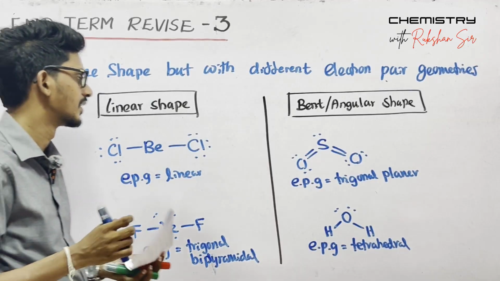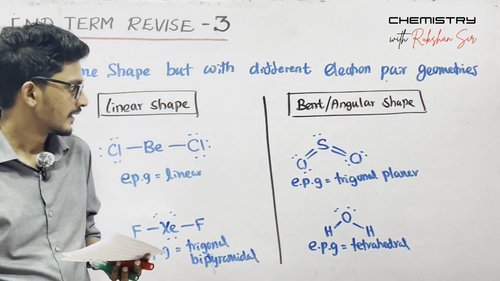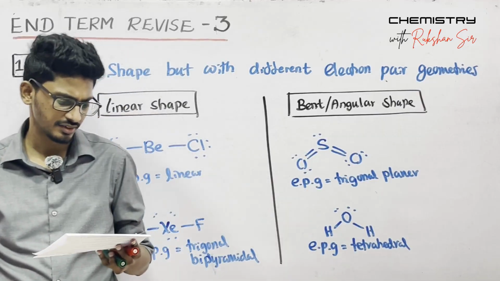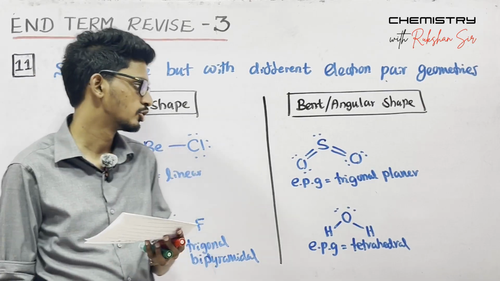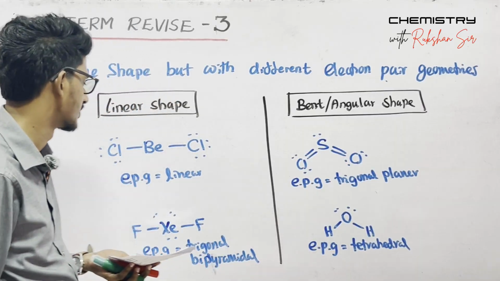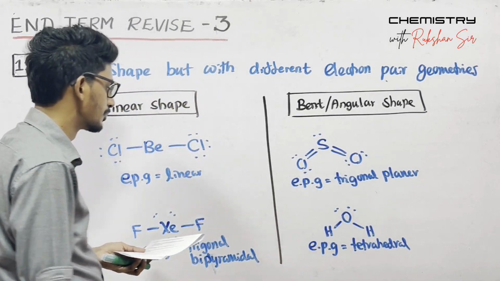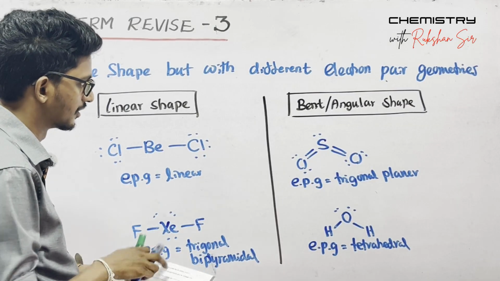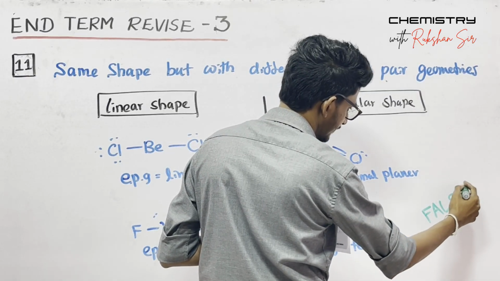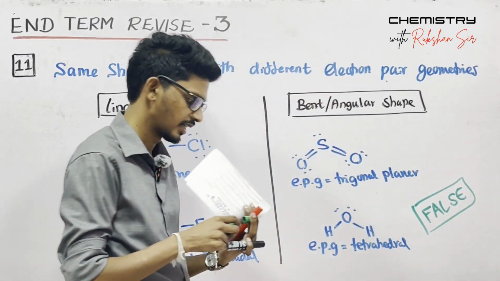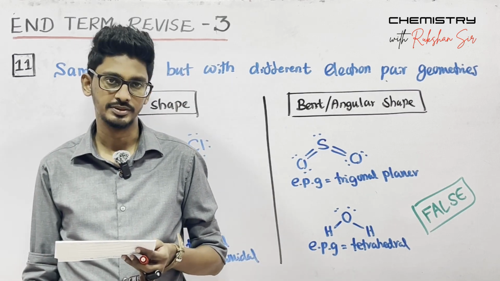So you could think of same shaped species but with different electron pair geometries. The statement says when two species are with the same shape, their electron pair geometry should be the same. The word 'should' appears, so no need of such. So the statement is false. That is the review for statement number 11.